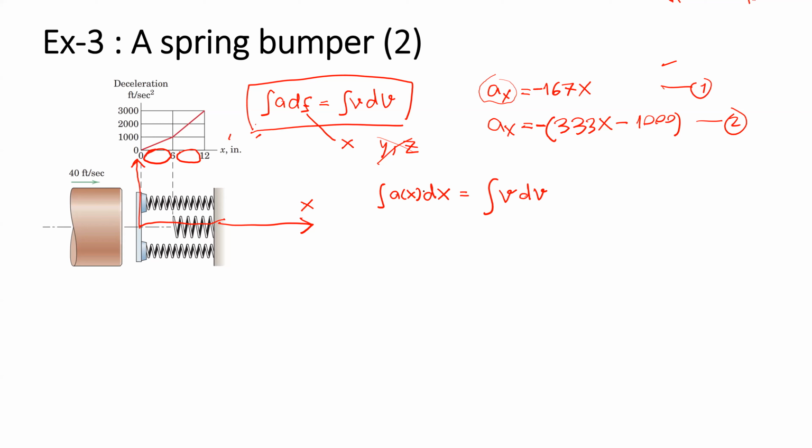The integration from x equal to 0 to x equal to 6 meters. For the velocity also, we have the initial velocity at time t equal to 0 and some velocity that is related to the position of x equal to 6 meters.